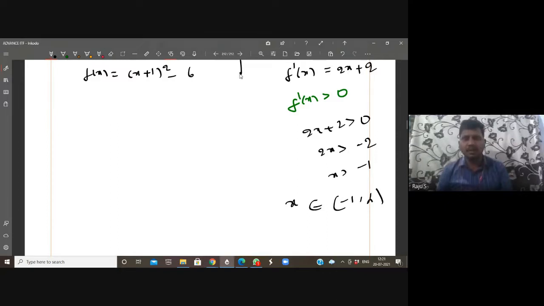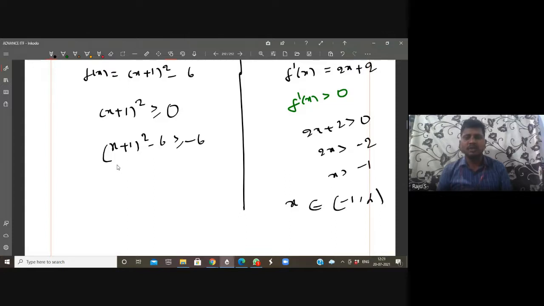With the help of method 1, x plus 1 the whole square is always greater than or equal to 0. Clear, students? Then x plus 1 the whole square minus 6 is greater than or equal to -6. So this gives the minimum value, which is -6, at x equal to -1.